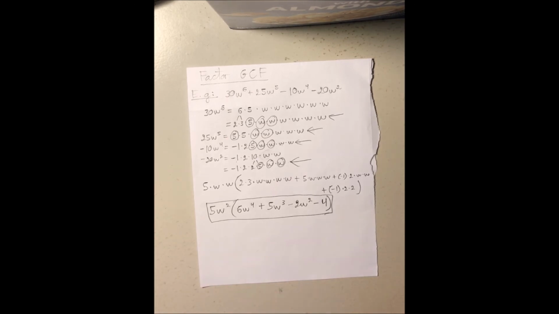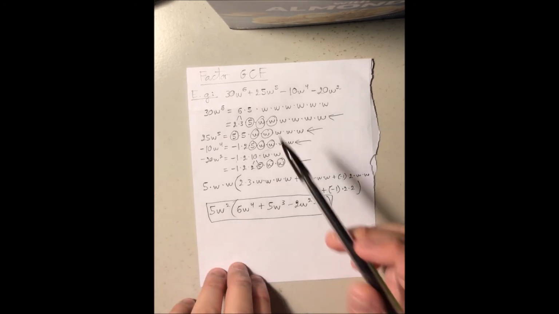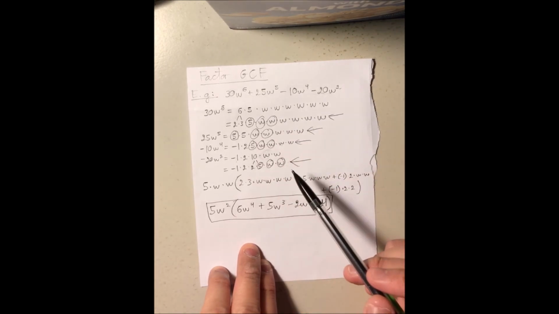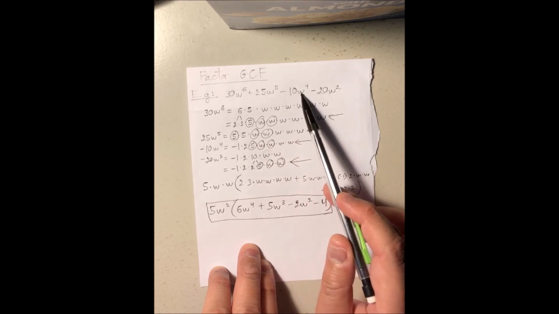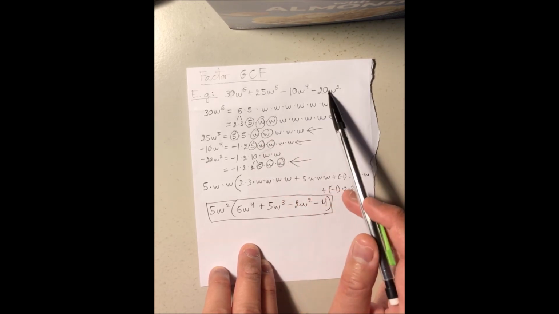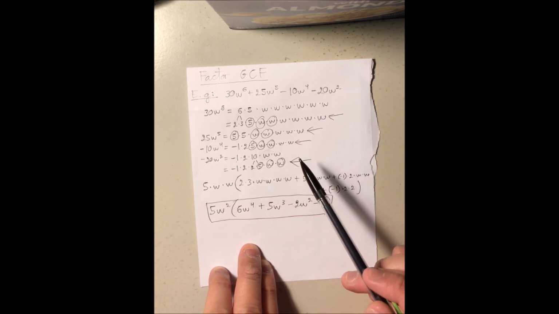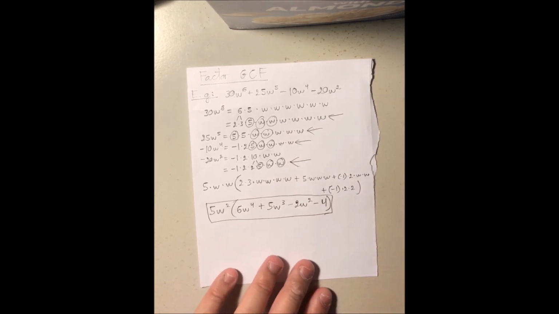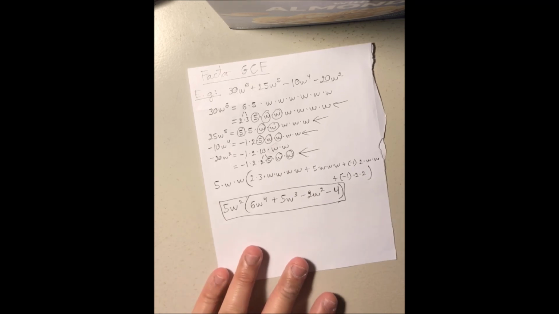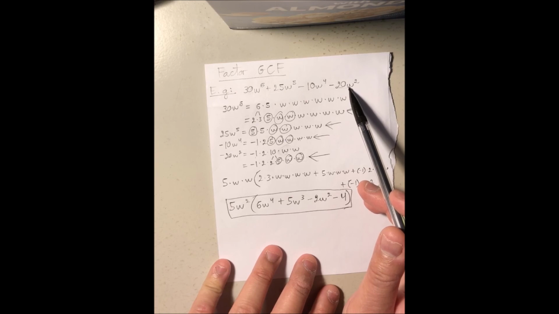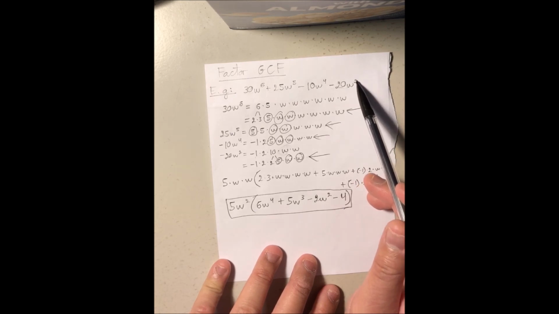Now, as you continue to practice, you would realize that every time your terms have identical variables, in this case they are W, but each of these variables is raised to a different exponent, you would notice that when you factor out the greatest common factor, you would actually factor out the variable with the lowest exponent.